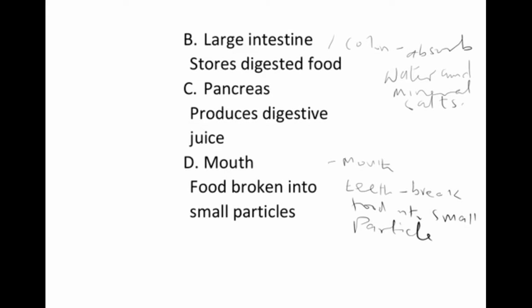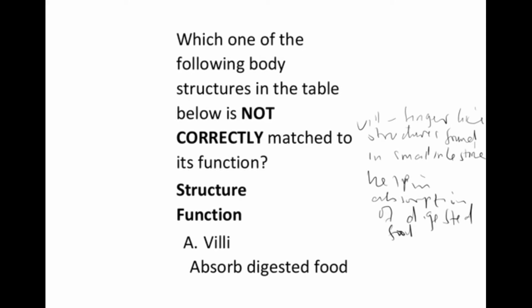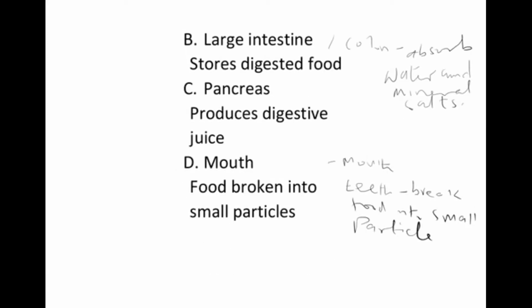So when you go back to our question, the key word there is not correctly matched. According to our small notes there, we have seen that villi help in absorption of the digested food in the small intestine, which is correctly matched. We go to our B, the large intestine, or you can also call it the colon.